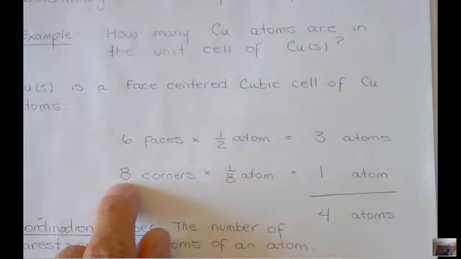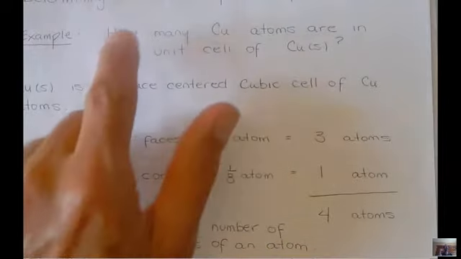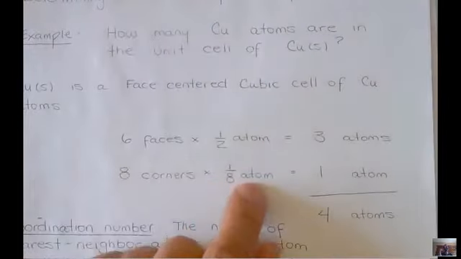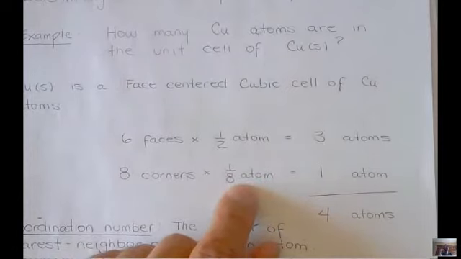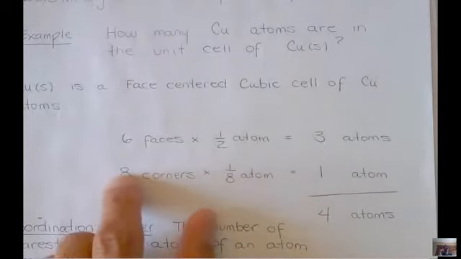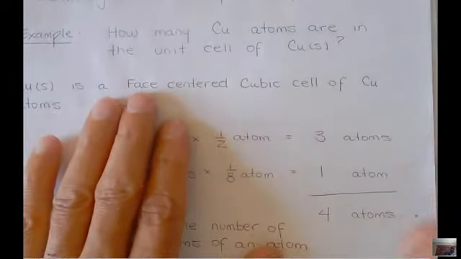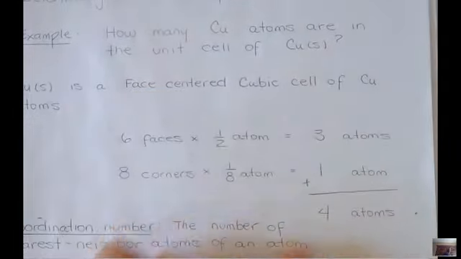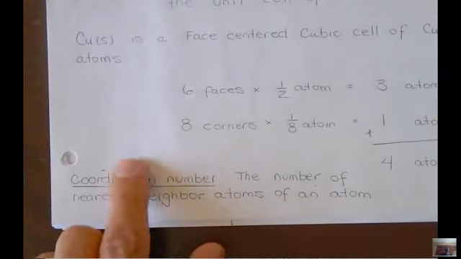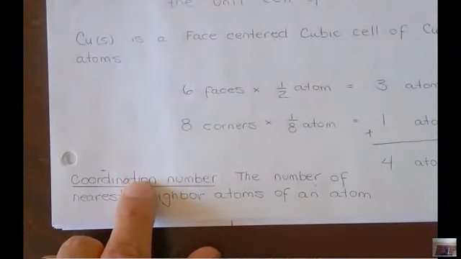And you'll always have 8 corners. Most of the time, all 8 corners will be occupied by the same entity, right? Since we're dealing with an element, it's got to be the same entity because we only have copper. So 8 corners times 1/8 gives you 1. 3 plus 1 gives you 4.